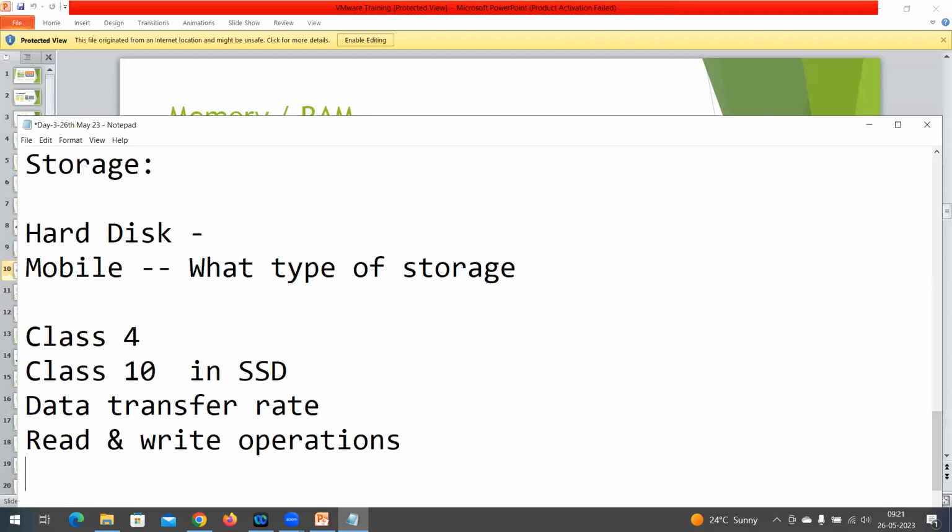If the storage is not able to read and write the data in an appropriate manner, in a specific time frame, you can see lag, and you are not in a position to open that application, or you are not in a position to open the file you are looking for.